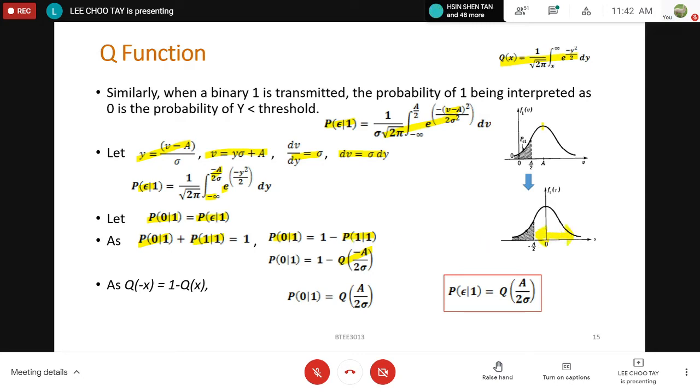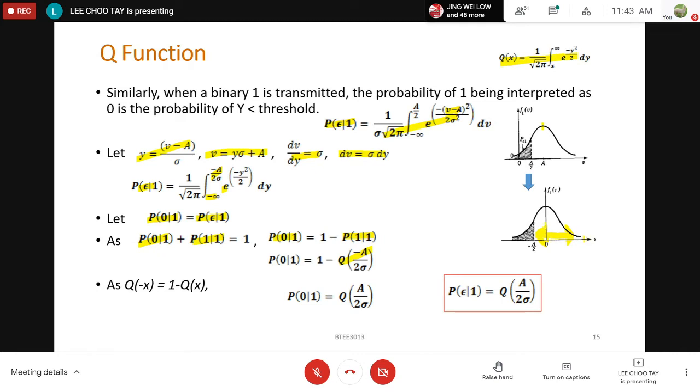The probability of 1 being detected with the 1 being sent is actually the area under this white curve, this area over here. So that means this is from minus A over 2 sigma all the way to infinity.